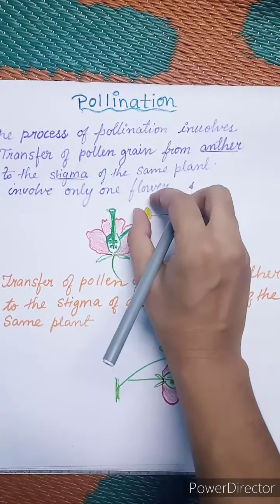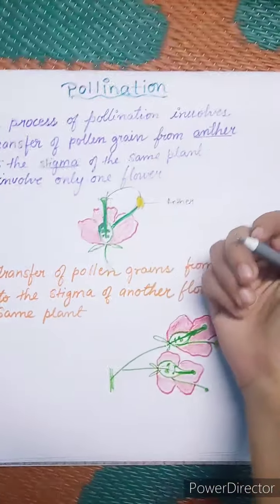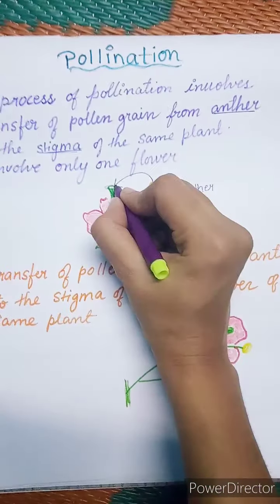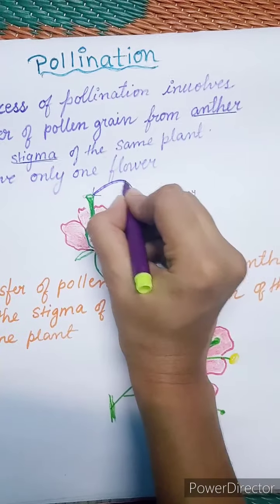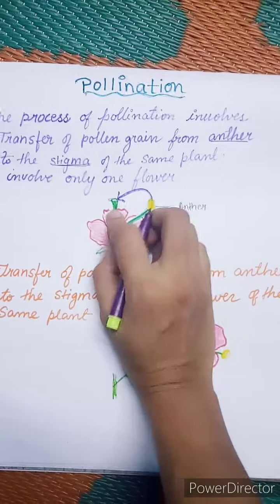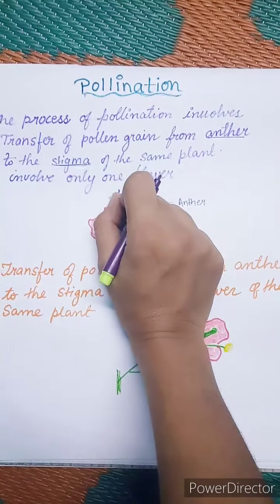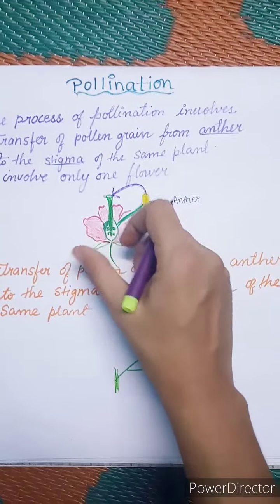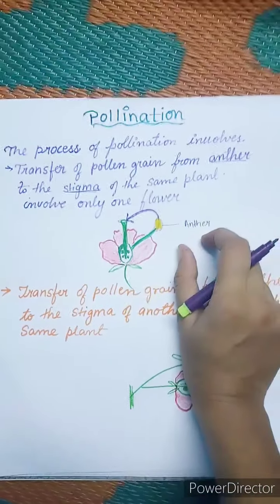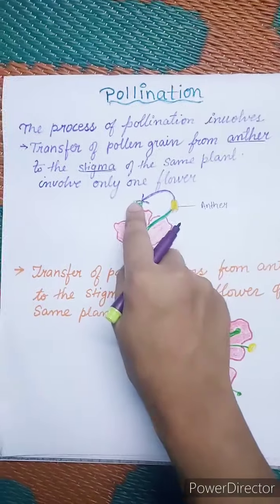So the transfer of pollen grain from anther to the stigma. This part is called stigma and I have told you it is quite sticky. So when the pollen grains travel, they go and sit here and then go inside and then fusion takes place. So pollination is a process which involves the transfer of pollen grain from anther to the stigma.